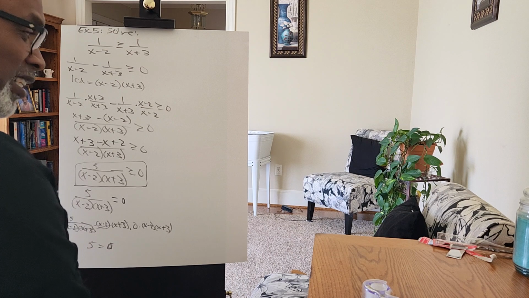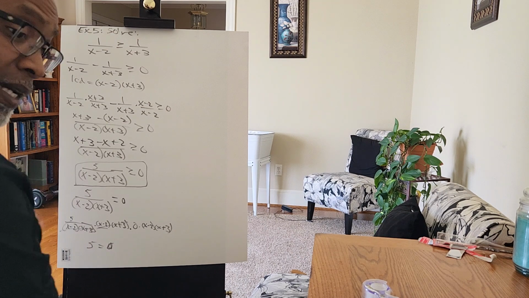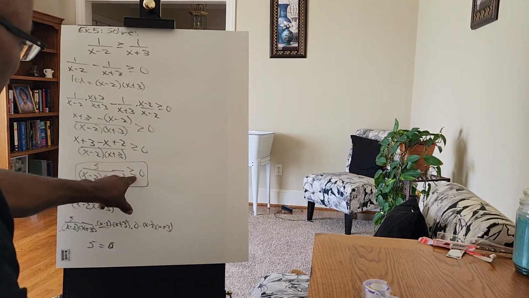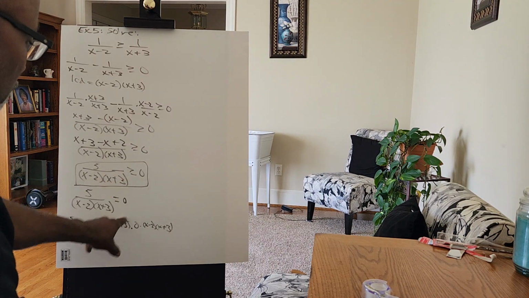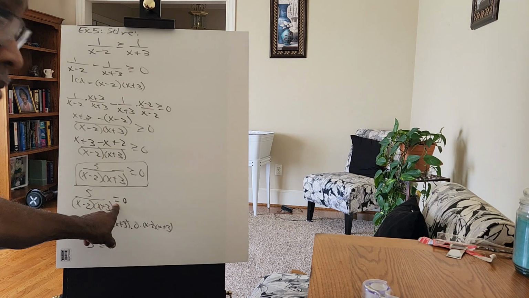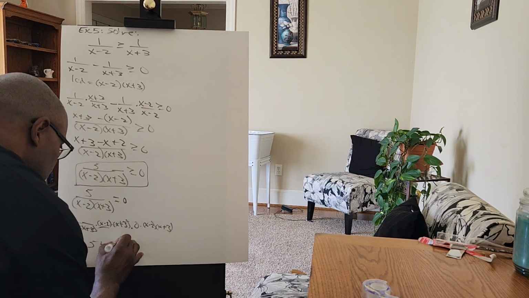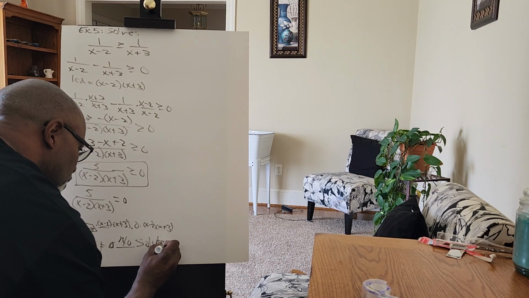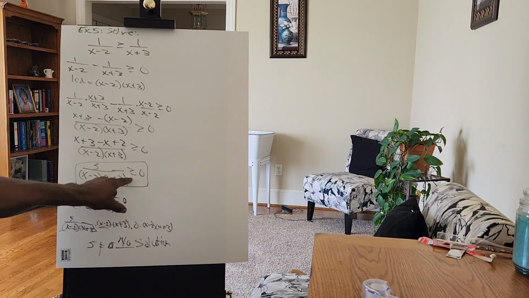So I can actually still use that chart. Greater than or equal to 0 means either equal to 0, and equal to 0, I didn't have any solution. There was no solution here. So there are no boundary points; there's no point where this thing is equal to 0.